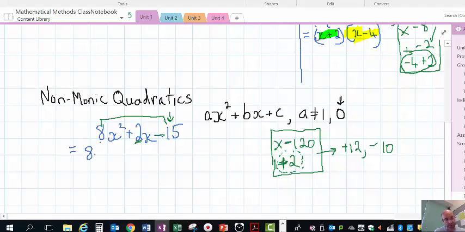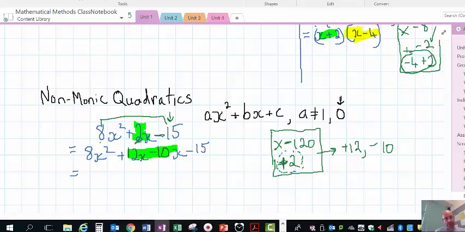So let's decompose the middle term: 8x squared plus 12x minus 10x minus 15. And remember, the 2x doesn't go away, it just gets split into two terms. So it's still the same expression.